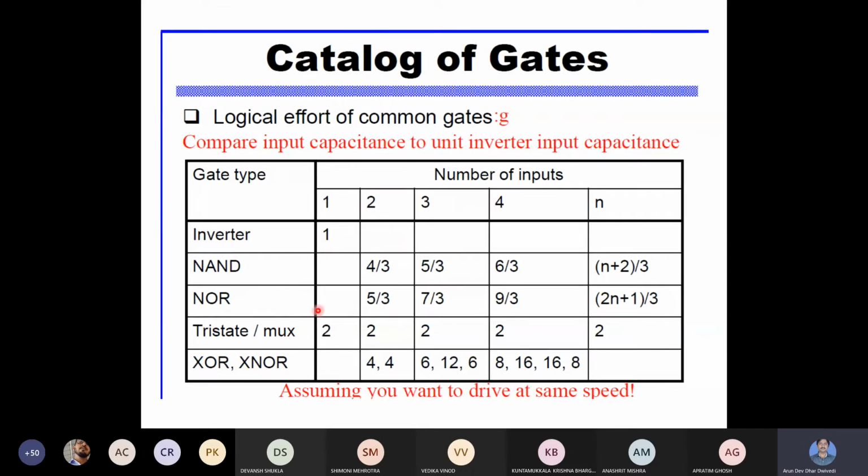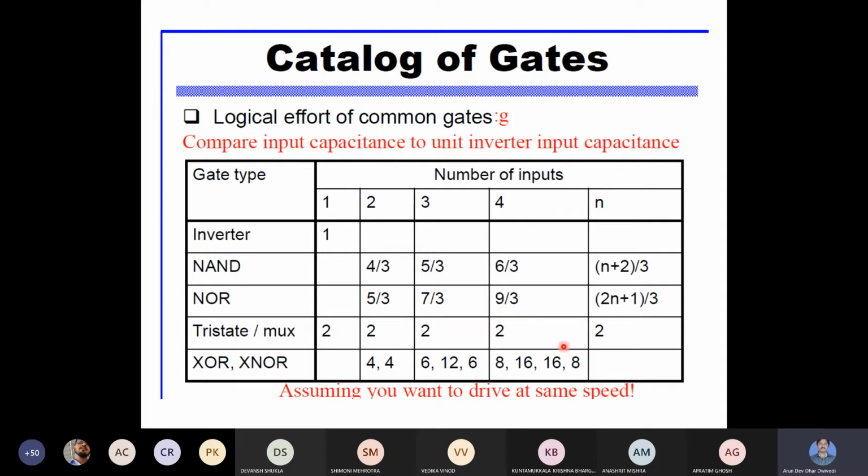For the NOR gate, the generalized formula is (2n plus 1) by 3. If the input is 2, then (2 into 2 plus 1) by 3, 5 by 3. For 3 inputs, (3 into 2 plus 1), 7 by 3. For 4 inputs, (4 into 2 plus 1) by 3, 9 by 3.